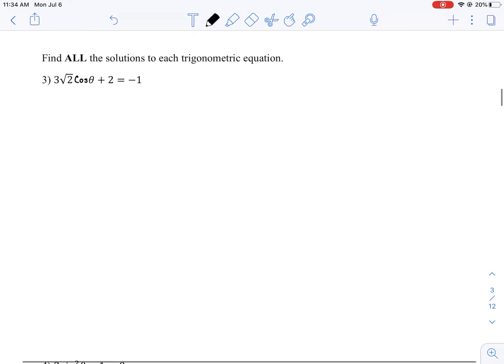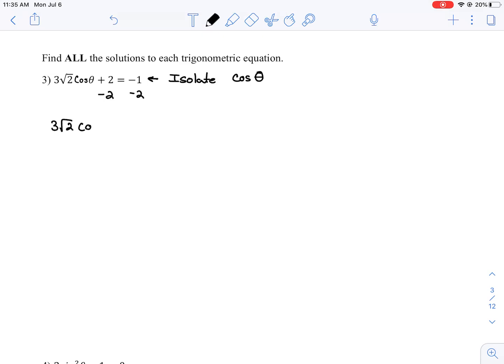So the first thing I'm going to want to do is isolate the cosine term. So we're going to isolate cosine theta. And I'm going to do that by subtracting 2 from both sides, and then dividing by 3 times the square root of 2.